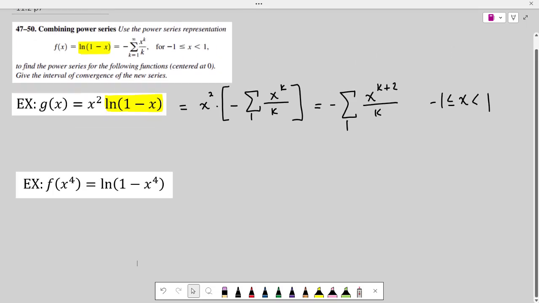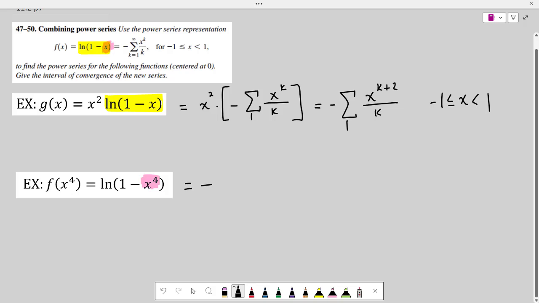Okay, so similar to the last slide, now we have an x up here that's being replaced with x to the 4th. If we replace the x here with x to the 4th to create the corresponding power series, all we do is replace that x with x to the 4th.